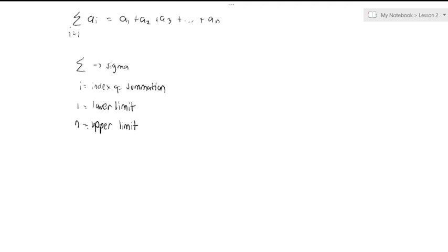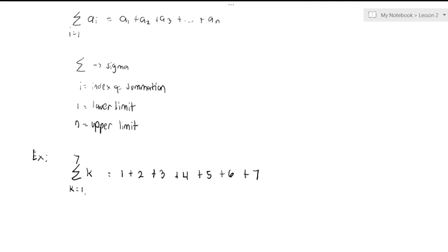So, example, if we have summation of k equals 1 to 7, this is written as 1 plus 2, or kung i-expand natin yan, this is 1 plus 2 plus 3 plus 4 plus 5 plus 6 hanggang 7.